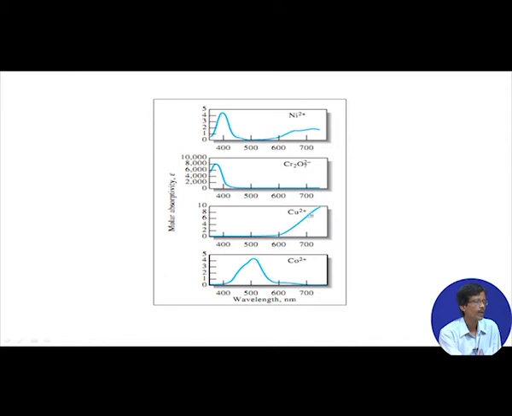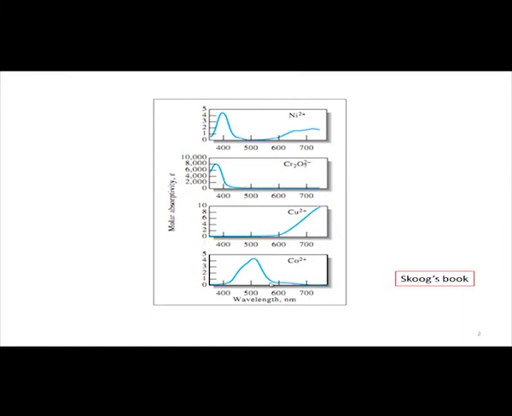Copper gives a very broad absorption spectrum beyond 700 or 800 nanometer. Cobalt 2 plus also gives an absorption at 500 nanometer. This is a typical example again taken from that book, showing that the nature of these absorptions is characteristic for these species.